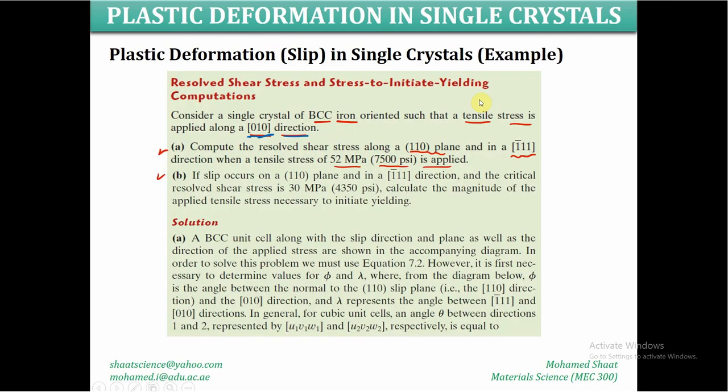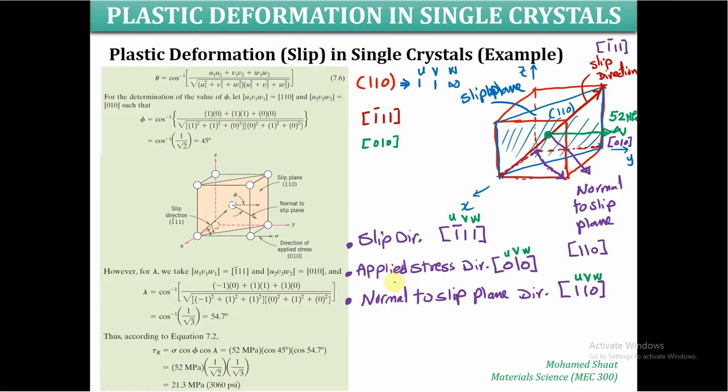So that's why we had to identify these directions first, to calculate the angle between them, in such a way that the angle between the slip direction and the applied stress gives lambda, and the angle between the applied stress and the normal to the slip plane gives phi.